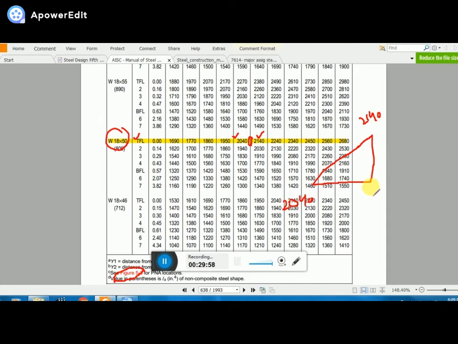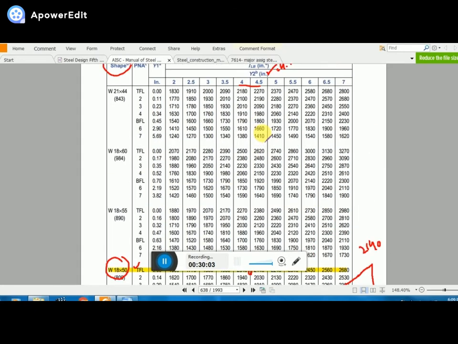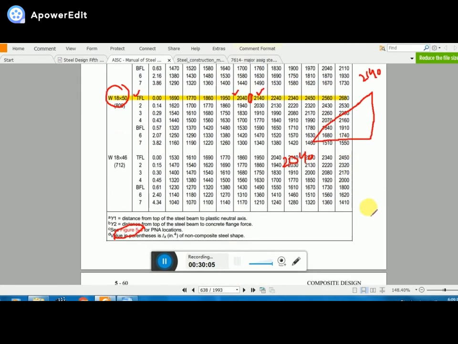The base: you all know 2140 is at 4.5, meaning this value is 4.5 from some reference point. If I draw a coordinate system, this point is at distance 4 and that point is at distance 4.5 along your coordinates.